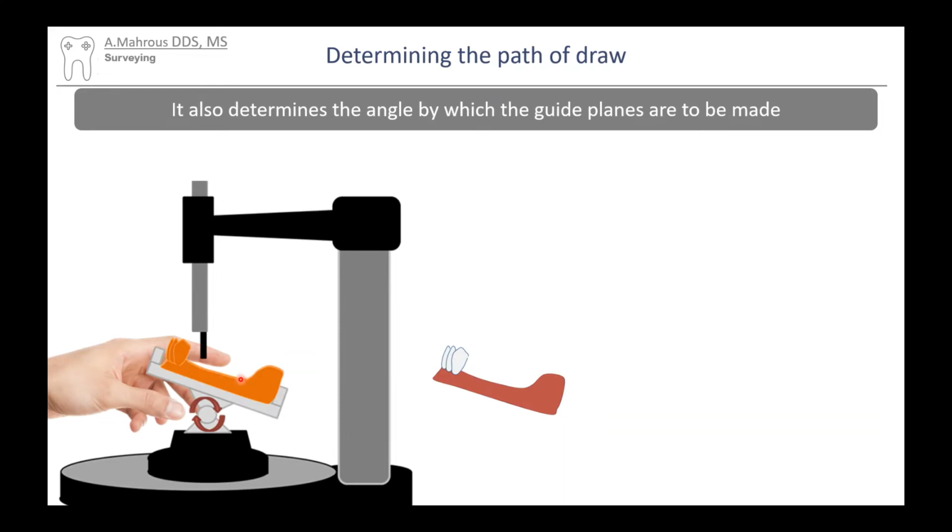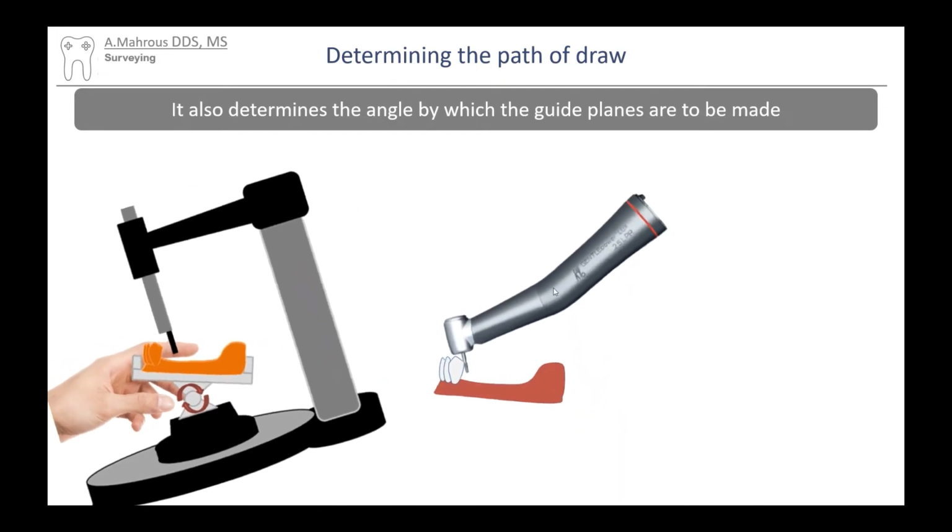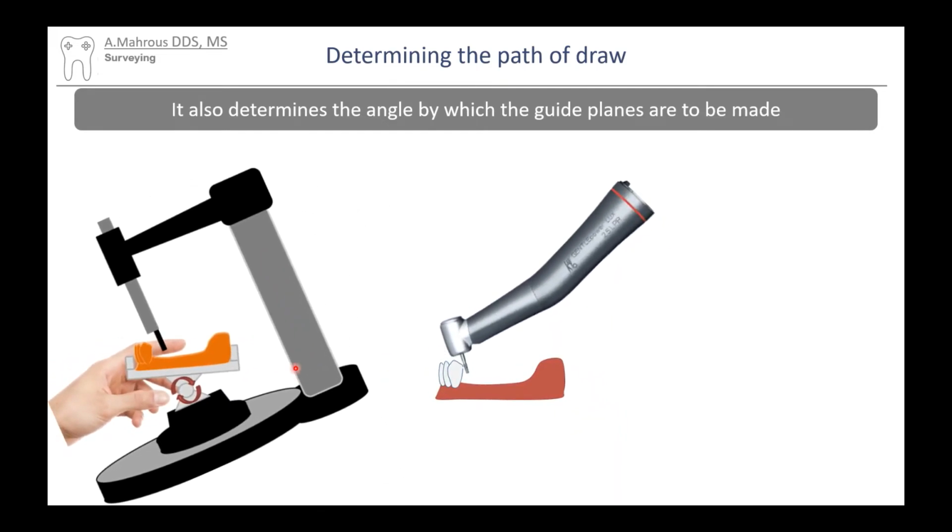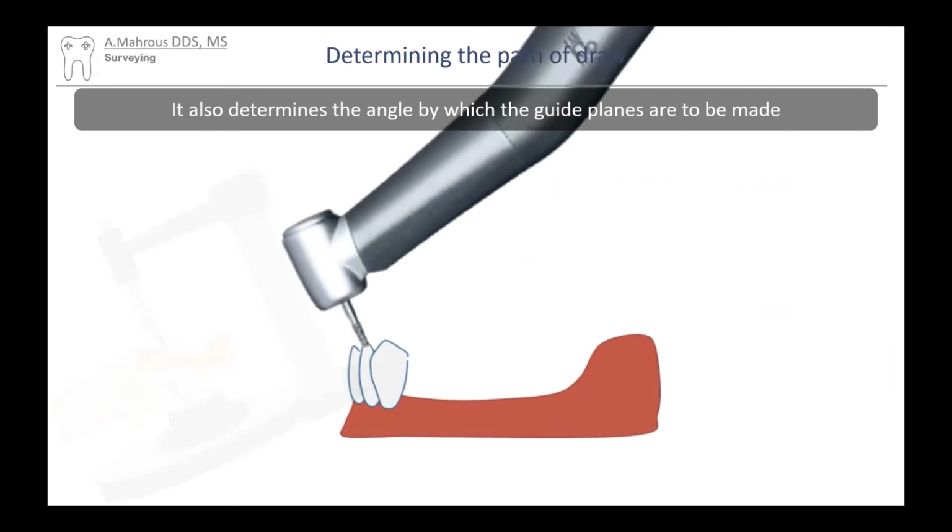So if you have your table set at an angle relative to your mandrel, that will be the exact angle that you would need to take in the patient's mouth. Obviously, you will not be tilting your patient, rather you will be tilting your handpiece, unlike the surveyor angle relative to a table. Once you've identified an appropriate path of draw, you can move forward with tooth preparation.